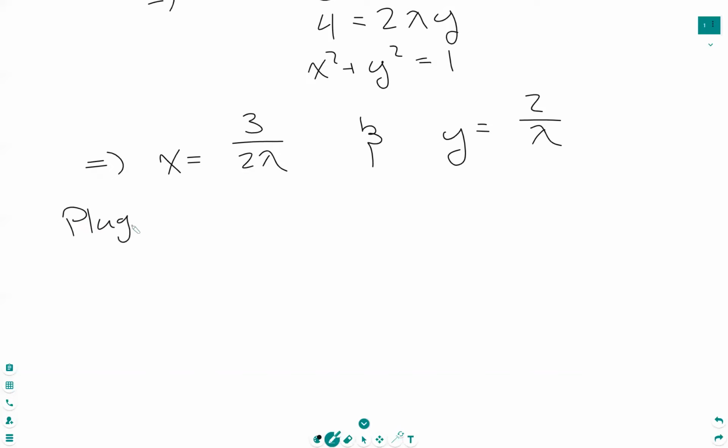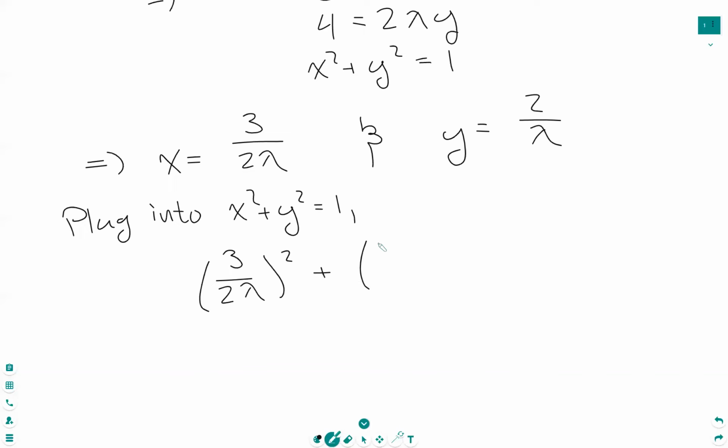So we're going to plug into x squared plus y squared is equal to 1. This gives me (3 over 2 lambda) squared plus (2 over lambda) squared is equal to 1.